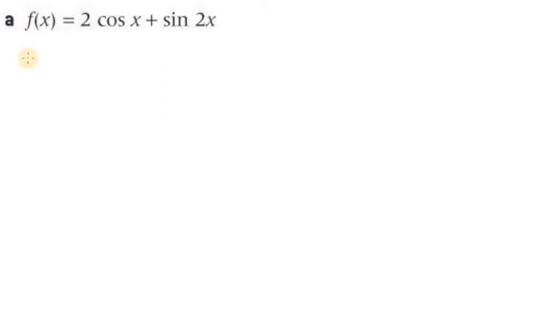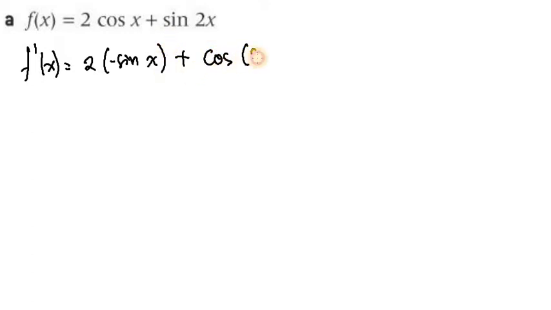f'(x), the derivative of that. The derivative of cos is negative sin, so we will have 2 times negative sin x, plus the derivative of sin is cos, so cos 2x.